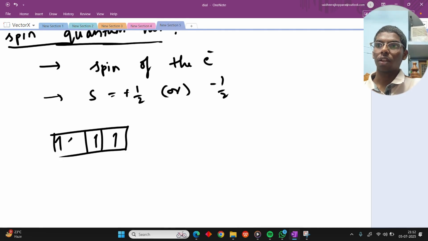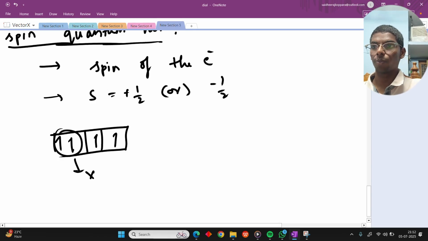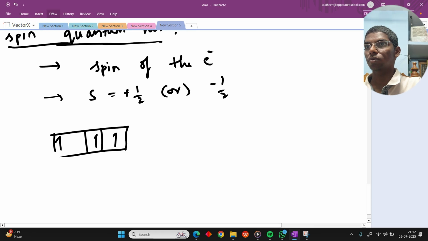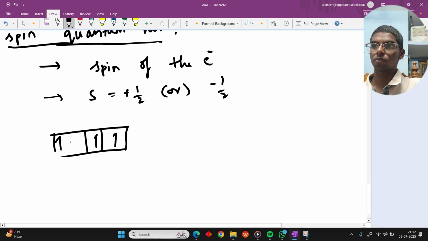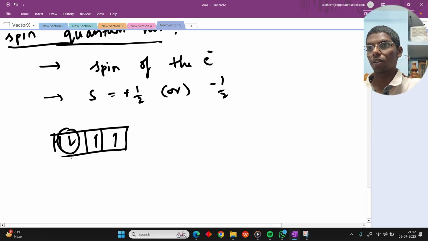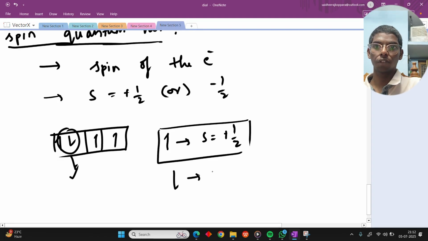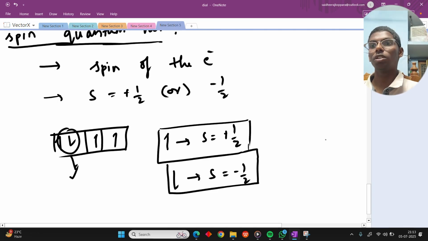Like here, this orientation is wrong, whereas this orientation is right according to Hund's rule. In general, we consider this upward spin as positive, s equals plus half, and the negative one will be this one. This is how spin is represented in general.